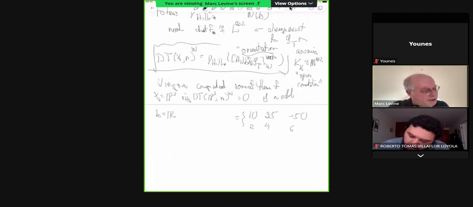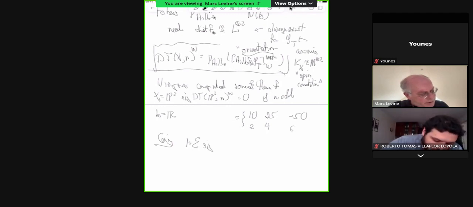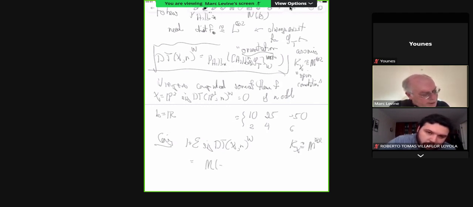And this leads to a conjecture, which is a version conjecture, that the sum, 1 plus the sum of the signatures of these dt of x, n, and w, assuming that kx is isomorphic to the square of something, should be equal to the McMahon function on minus t squared raised to minus the signature of the obstruction bundle on Hilb 2.